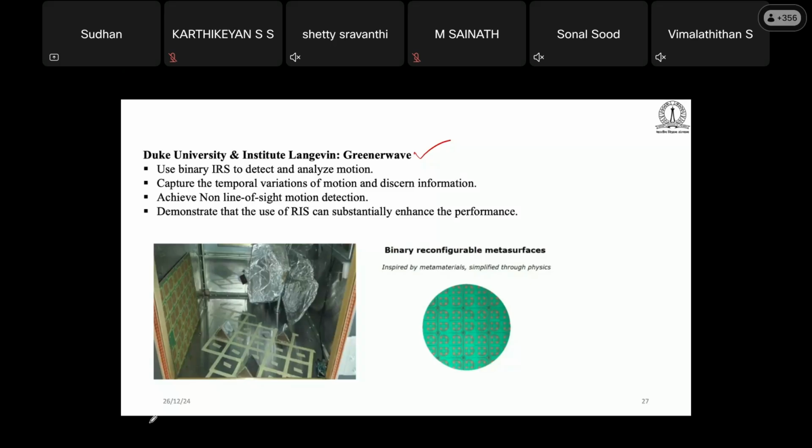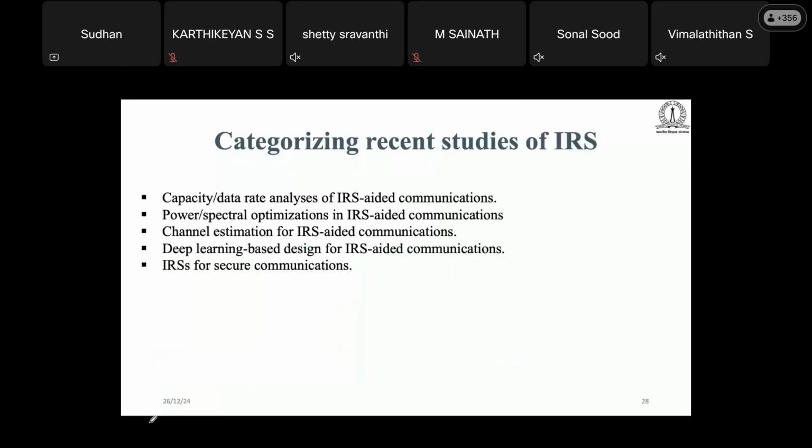But apart from this, as I mentioned, capacity, data rate, power, spectrum, and channel estimation is a very challenging task, because it does not have a single channel, it has a cascaded channel, and estimating the individual channel is very difficult.